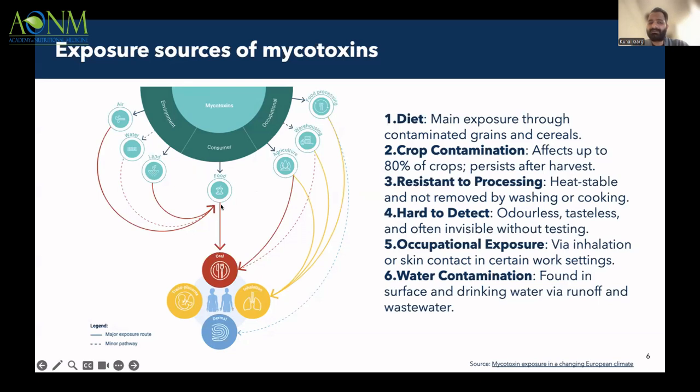There is good documentation to show that 80% of the crops, either before or after harvest, contain some form of mycotoxins. Now, the issue with mycotoxins is that they are very hard to process because they are stable at very high temperatures, and you can always smell mold, but you cannot smell mycotoxins. Yes, the presence of fungi indicates probable presence of mycotoxins, but mycotoxins are very, very small molecules. We don't essentially know which mold it is and which mycotoxin it is producing.